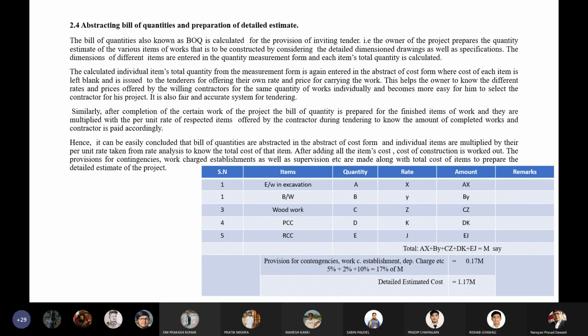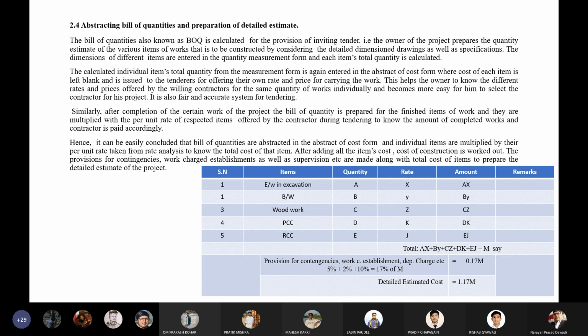And the payment is done only for the completed work done by the contractor. The payment is not done according to the estimate. Payment is done according to the work completed by the contractor during the time of construction.